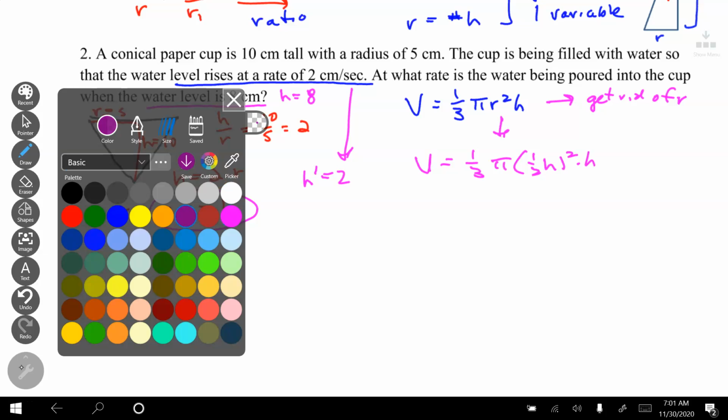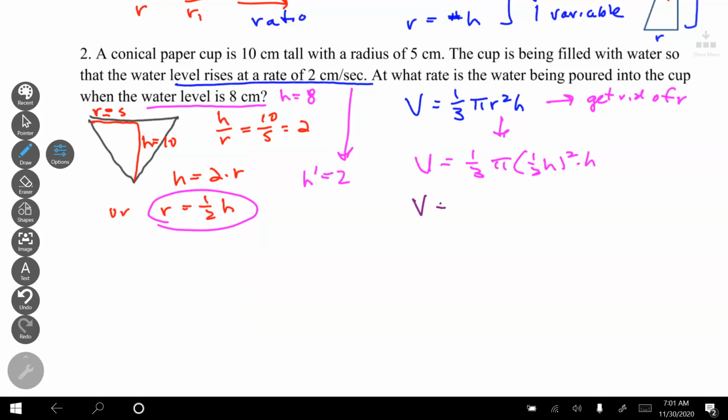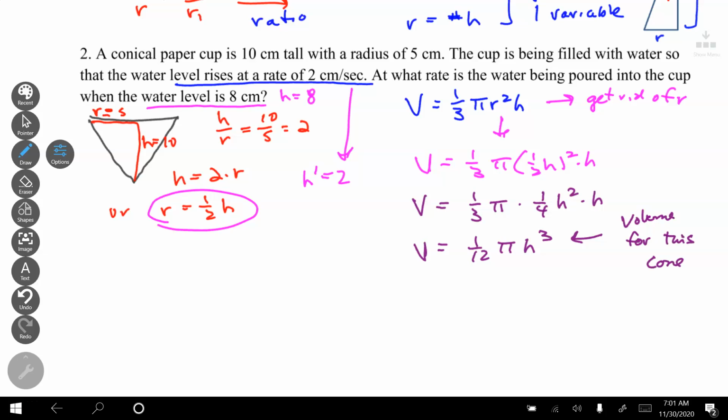And I could rewrite this as v equals 1/3 pi times 1/4 h squared times h, or v equals 1/12 pi h cubed. This is the volume for this particular cone. Not every cone, just this one that we're working with.